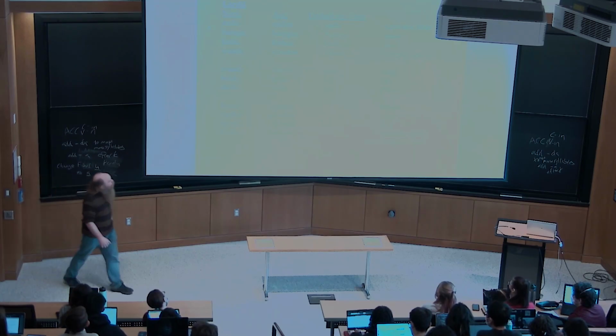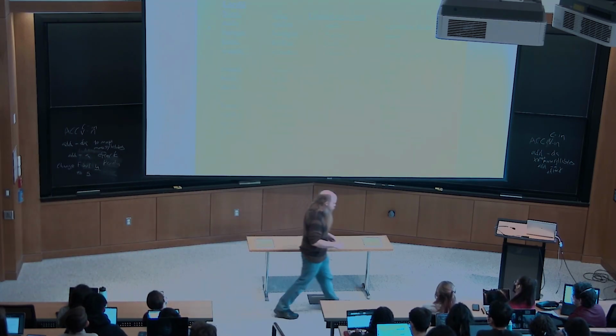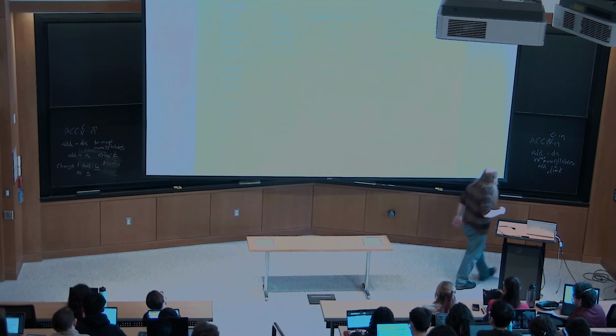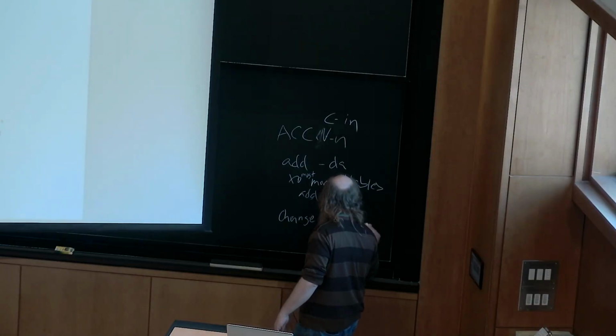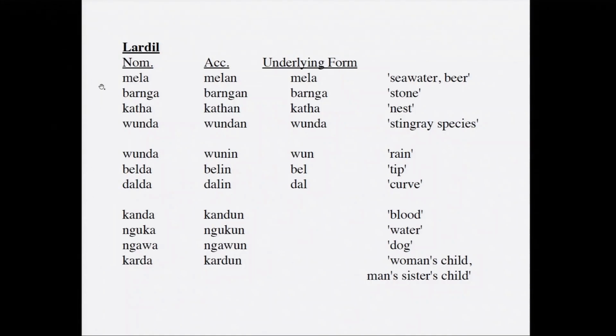So ngugu, underlying ngugu, gives you the accusative. The ngugu takes the n, and you get ngugun. But there's another rule that says change final u to a, that in the nominative changes ngugu to nguga. Okay, good.